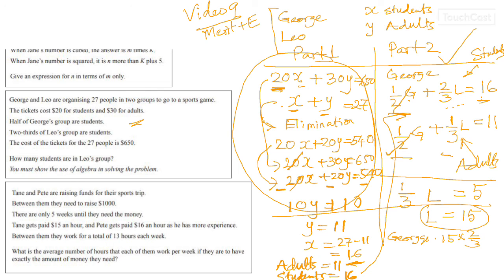That's the number of students in Leo's group, right? So that'll give you 10. So in Leo's group the number of students is 10 and rest of the 5 people will be adults.